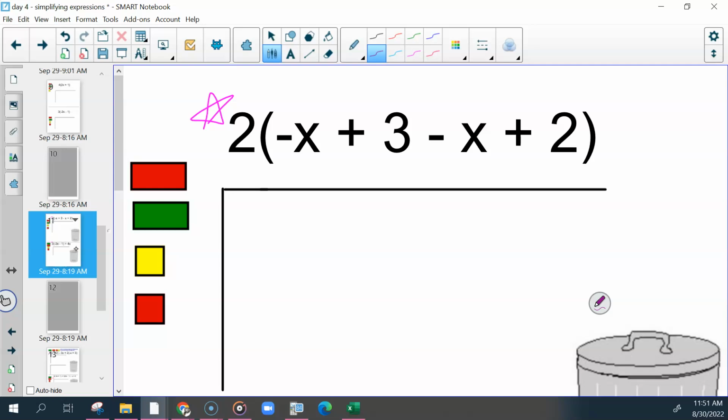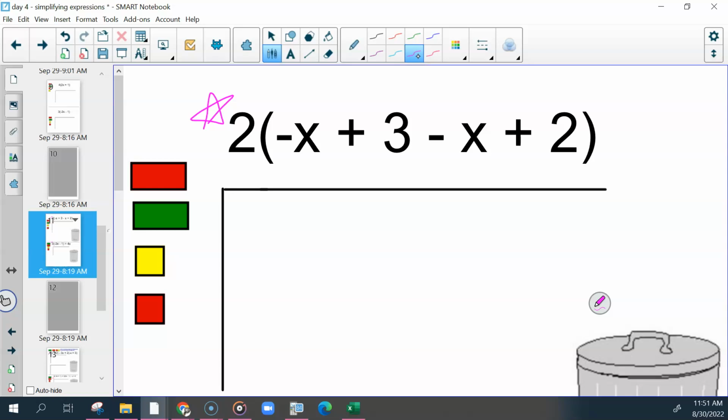Alright, this one I'm not going to do with algebra tiles, just because there'd be a lot going on, we'd have to get rid of stuff. You still could, but I'm just going to show you how you do this algebraically. And there are 2 different ways that you could do this by hand. One would be to, inside our parentheses, we have like terms we can combine.